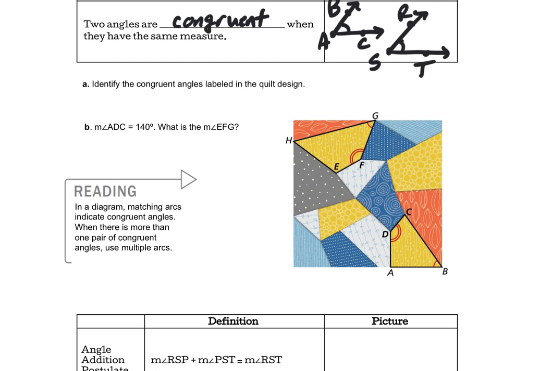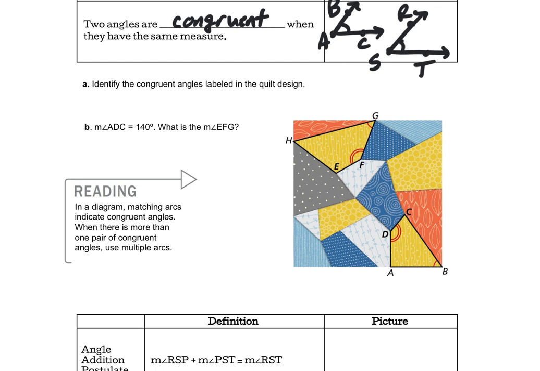Okay, going down here. Sometimes we would do like one tick mark, right? Sometimes we did like a double tick mark when we did segments. Same thing for angles. We see this angle marking here, we see this angle marking down here, okay? Is it okay if I just call this one angle G? Probably not, okay? But there's no other letters labeled over here.